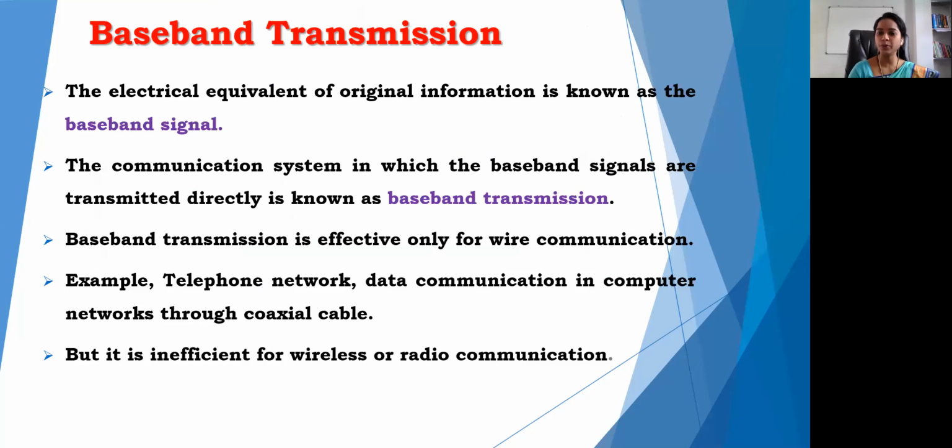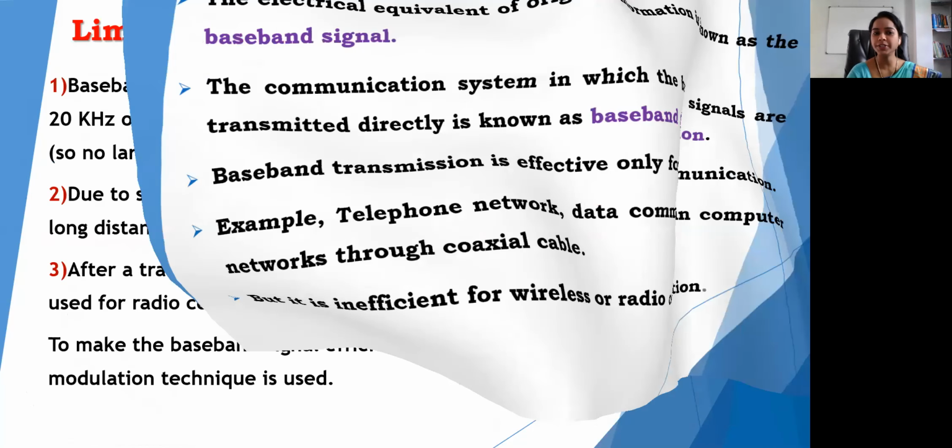So is it clear to you what baseband communication is? Let me recall the disadvantages: the limitation of distance is there, you cannot modulate the signal so you cannot do multiplexing also, the bandwidth is small, and you cannot use radio or wireless communication. Because of so many disadvantages of baseband transmission, what have we invented? We have invented modulation techniques. So what is a modulation technique?